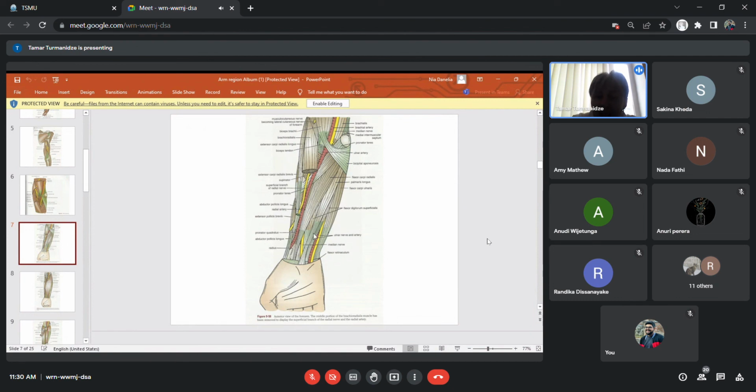Ulnar sulcus includes the ulnar nerve and ulnar artery. In median sulcus, we have the median nerve, also the anterior interosseous artery, a branch of the common interosseous artery from the ulnar artery.